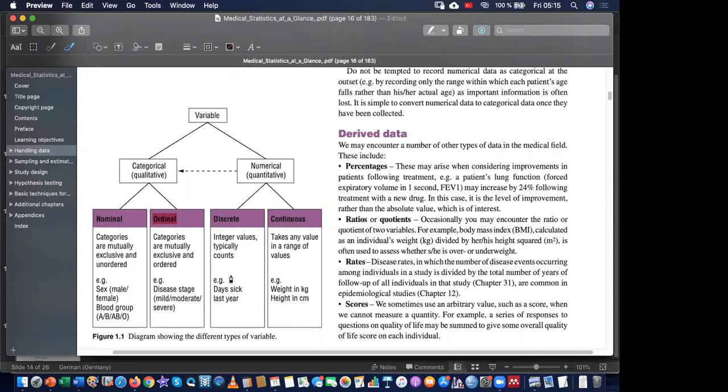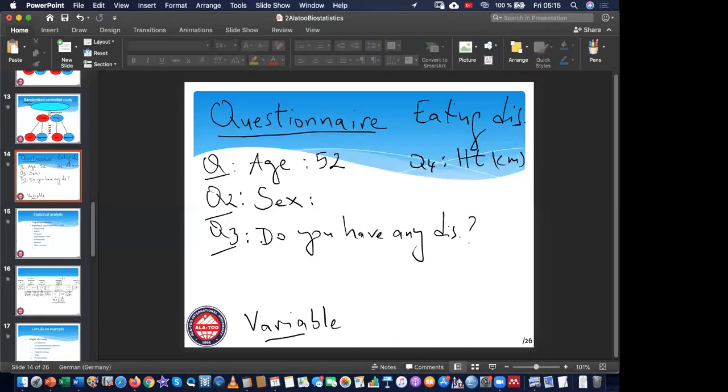It doesn't have a comma or decimal places. If it is continuous, it means it can have endless decimals. So what would you say now? Is age discrete?